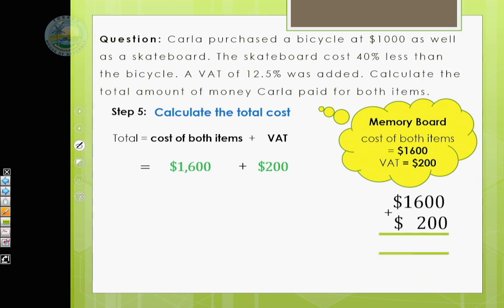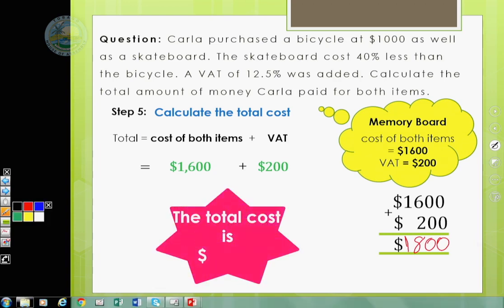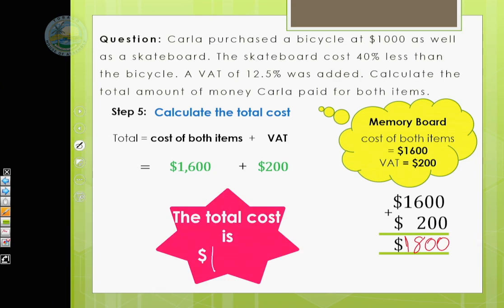0 plus 0 is 0. 0 plus 0 is 0. 6 plus 2 is 8. 1 plus 0 is 1. So our new cost for both items, value added, is $1,800.